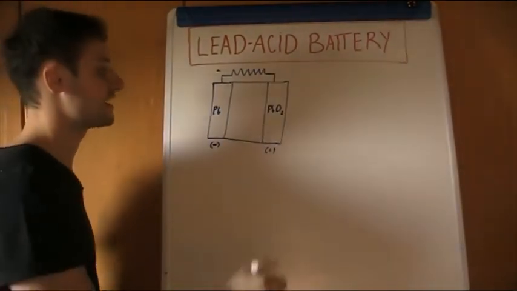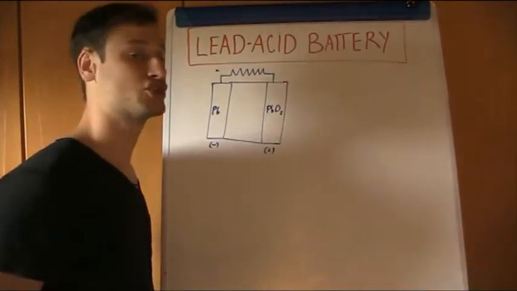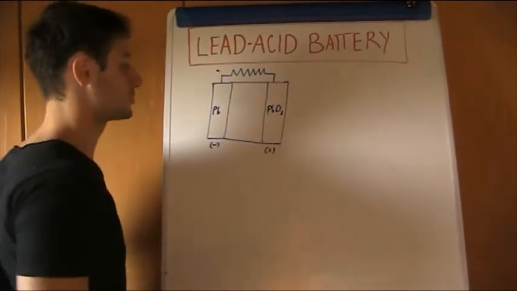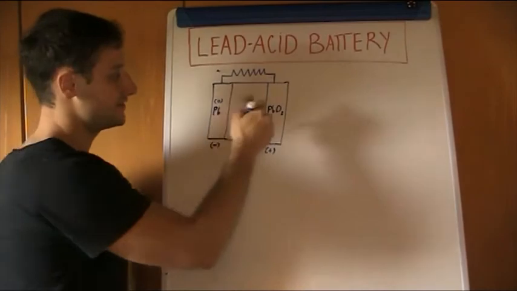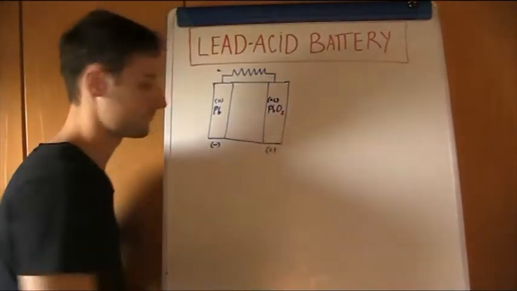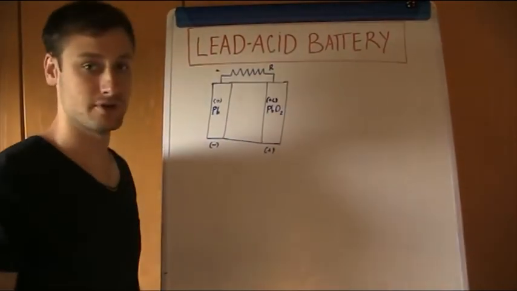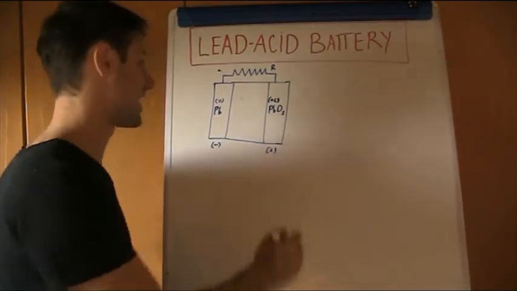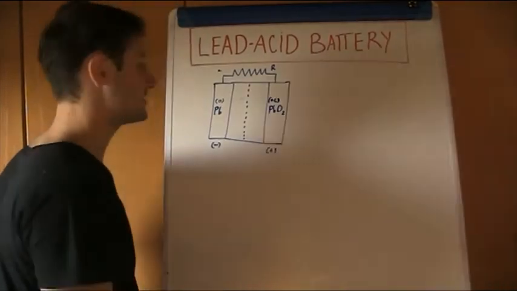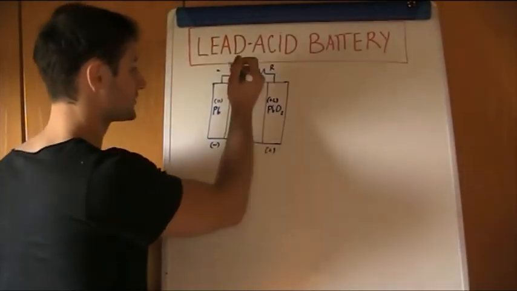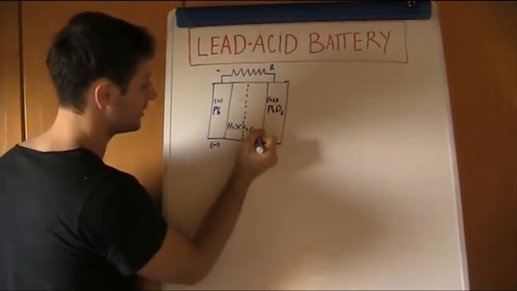At the very beginning, when the battery is fully charged, the electrodes are made of lead in oxidation state 0 and lead in oxidation state +4. Here we have the resistance. We have a separator, which could be composed of different types of material. And inside we have an electrolyte, an acid solution of sulfuric acid in water.